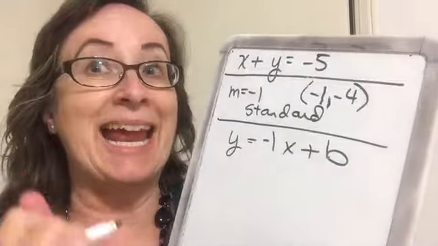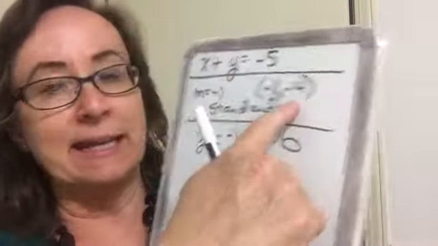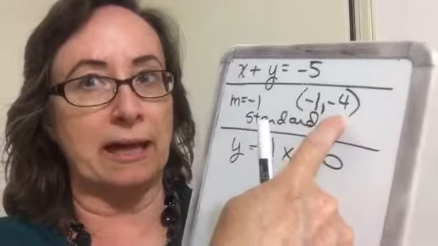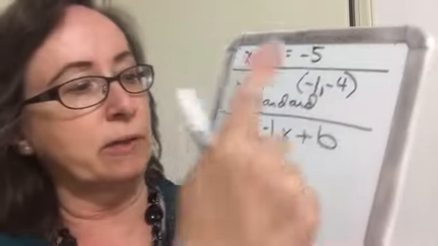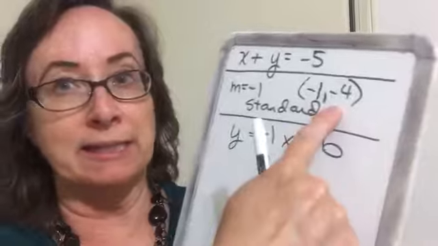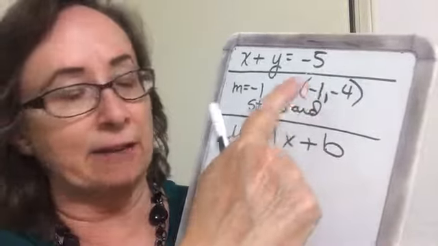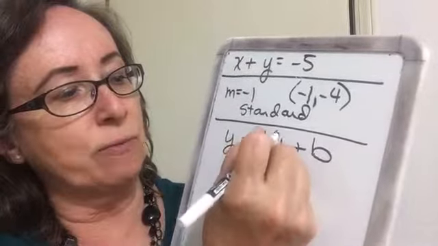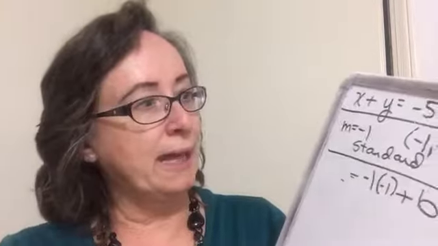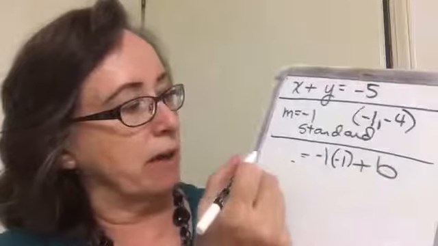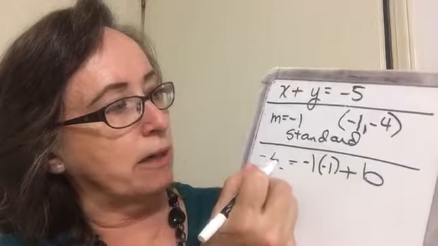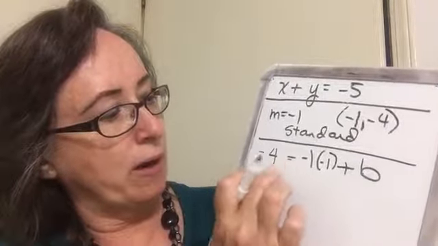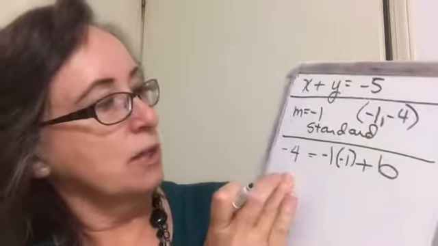And remember that any point that is on the line should make the equation true. So since this point is on the line, I'm going to take the -1 and I'm going to say, okay, the x is -1 when the y is -4. So we're going to put the -4 over here where the y was.